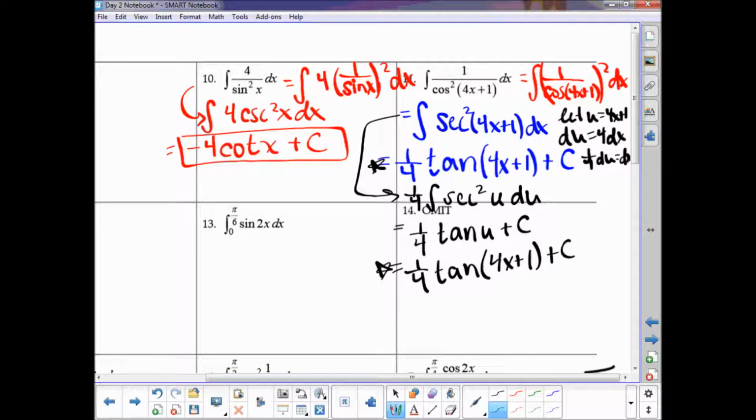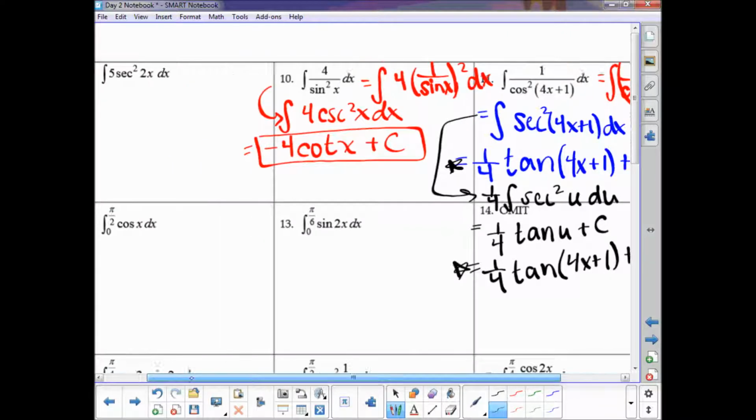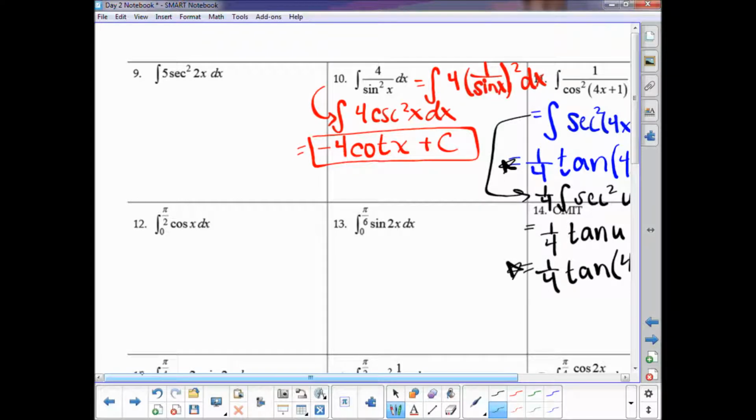I want you guys to go ahead and try number 12. Notice that this is now a definite integral. So we have actual bounds here. We do this the same way that we did before. Find your antiderivative and evaluate it from 0 to pi over 2. So go ahead and give that a try. It's a basic, not too bad antiderivative.